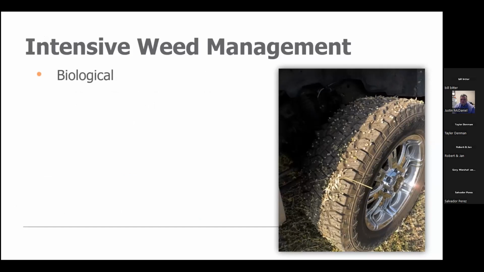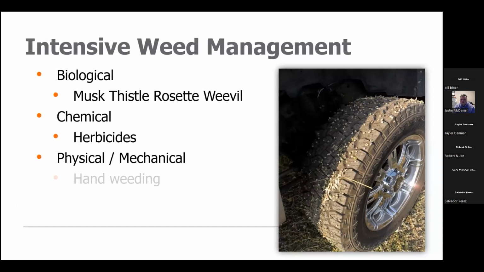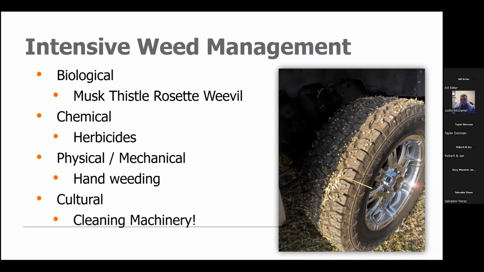So looking at some of these integrated pest management strategies. Like I said on the previous slide, biological control is one option. An example of this would be the musk thistle rosette weevil. I know there's been some work done with a specific weevil that actually targets musk thistles.